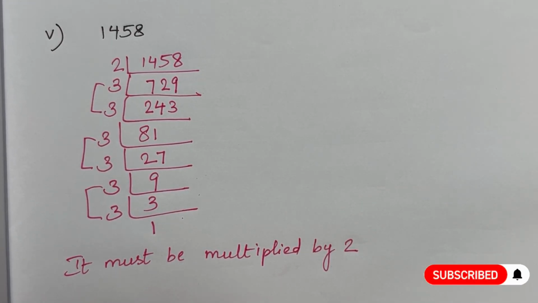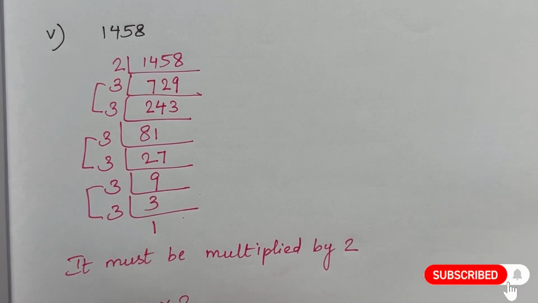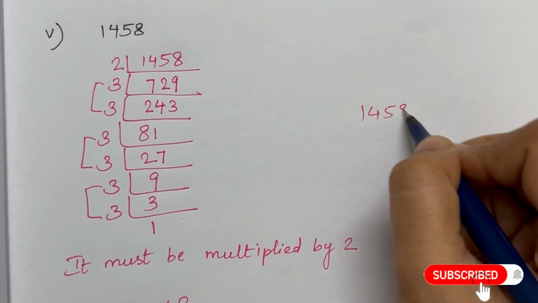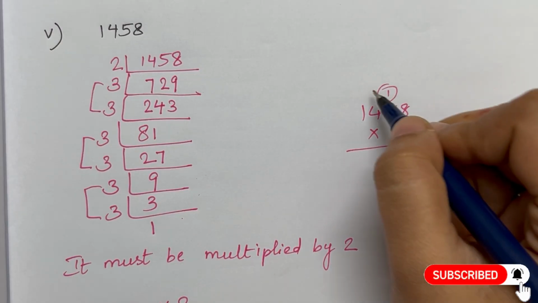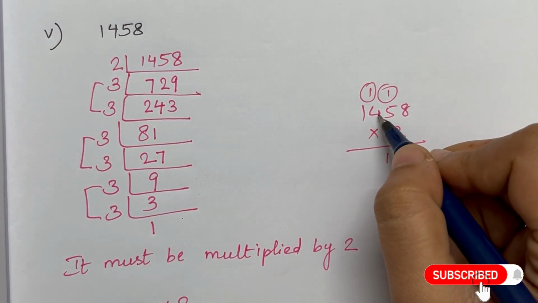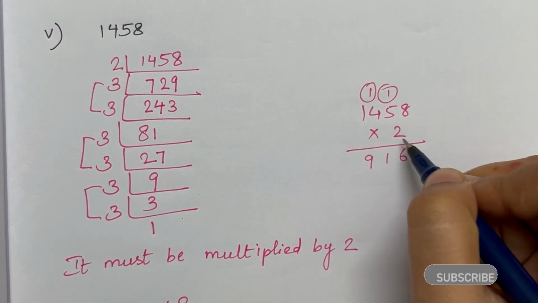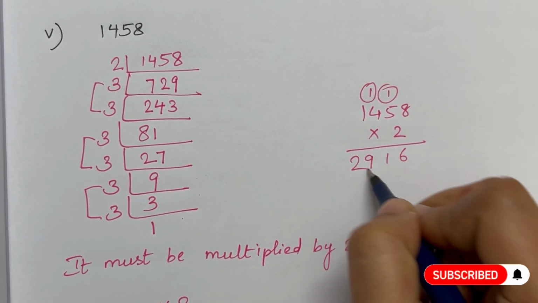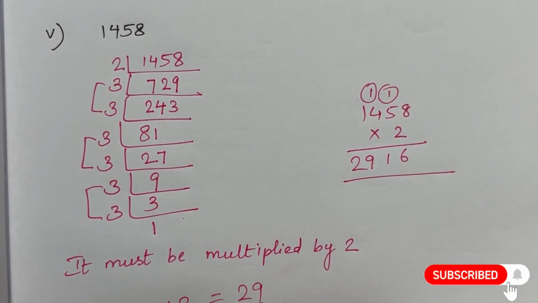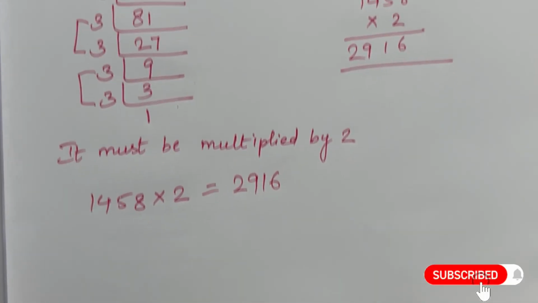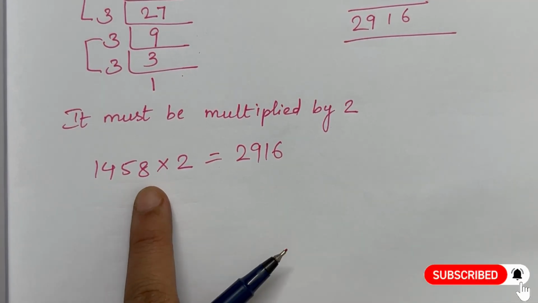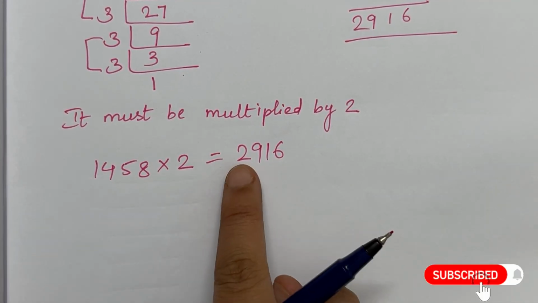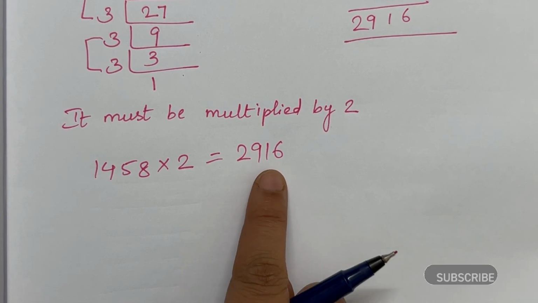Let's multiply 1458 by 2. 2 into 8 is 16, 10 plus 1 is 11, 2 into 4 is 8, 8 plus 1 is 9, 2 into 1 is 2. So after multiplying we get 2916.